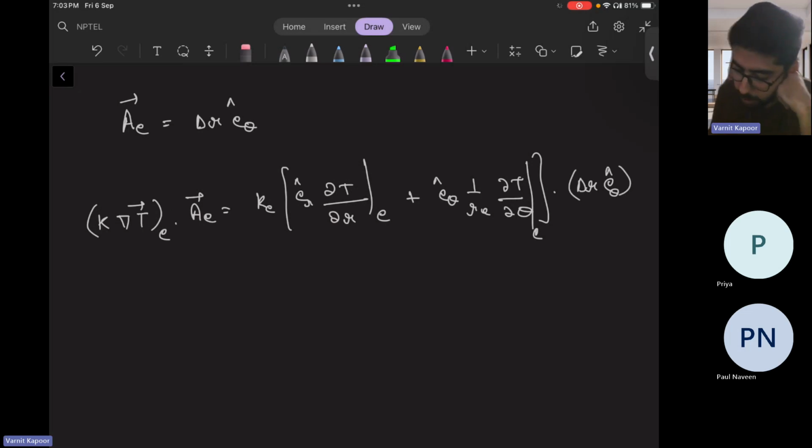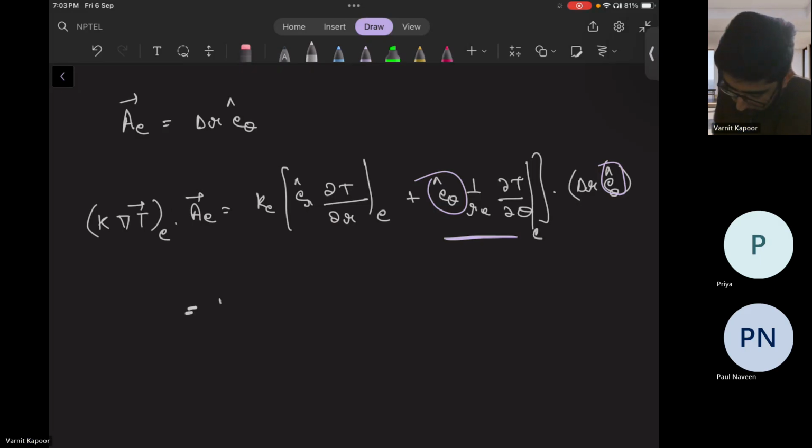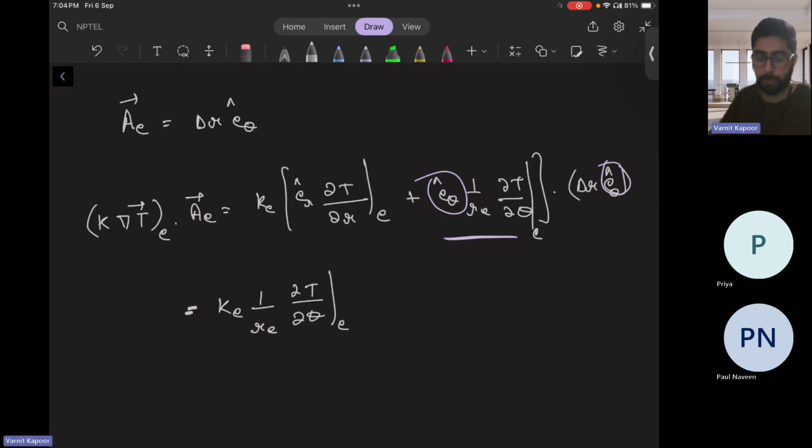When you dot the components, E theta will be dotted with E theta only. E theta dot E R will be 0. So only the contribution of this term will be there. This can be written as K E 1 by R E dou T over dou theta of east, and this is nothing but your RP only.